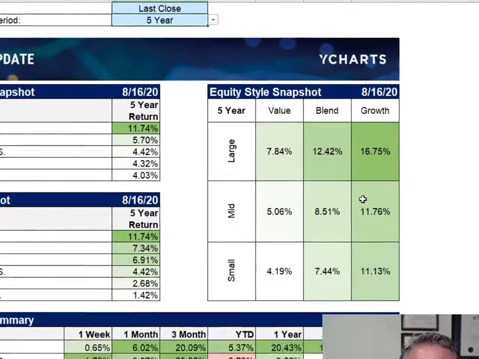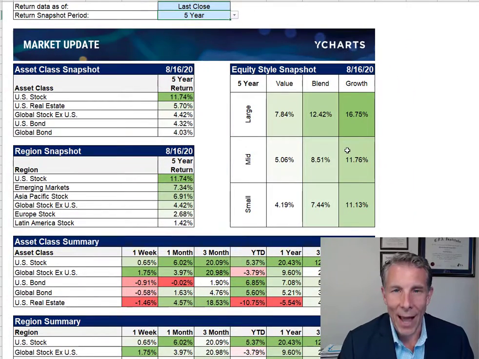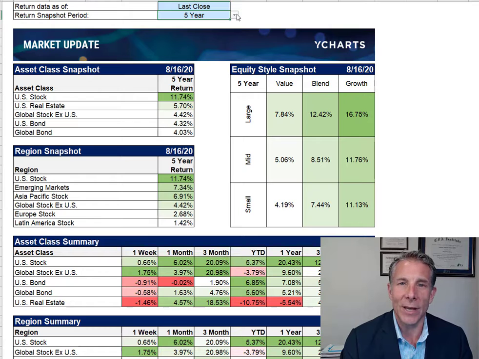Now, what does that mean? That means right now, in more recent times, year to date, value is significantly underperforming growth. And traditionally what we see is when there's that big of a disparity, there's some sort of regression or reversion back to the mean.